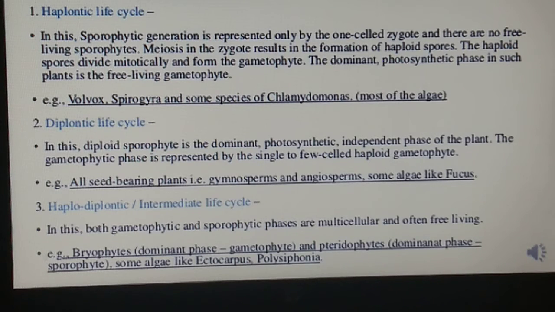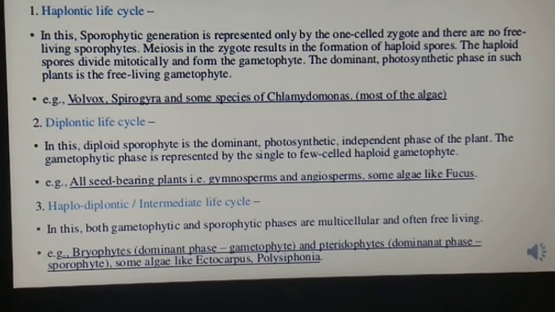Meiosis takes place in the zygote, resulting in the formation of haploid spores. The haploid spores divide mitotically and form the gametophyte. The dominant photosynthetic phase in such plants is the free living gametophyte. Examples are Volvox, Spirogyra and some species of Chlamydomonas.